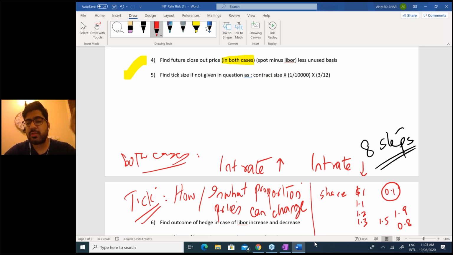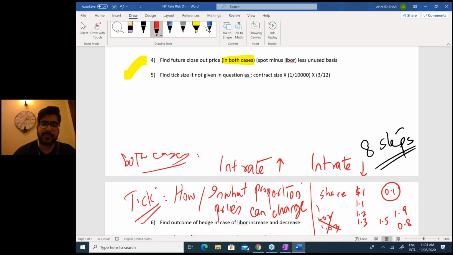The tick of US stock markets is 0.1 because the prices can change by 0.1 only. It can be 1, 1.1, 0.9, 0.8, 0.7, 1.5. The prices can change in lots of 0.1. It can never be the case that if a share is at 1, it can be 1.02, not possible, or 1.03, not possible, because the tick, the fluctuation level, is 0.1. So share prices can move by 0.1 each. It can never go beyond that.